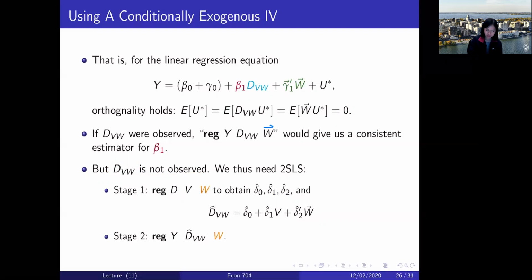So in the first step, you just regress this causal variable on V and W and get an estimated version of x_vw. Let me change all of this to x so that we are not too confusing.